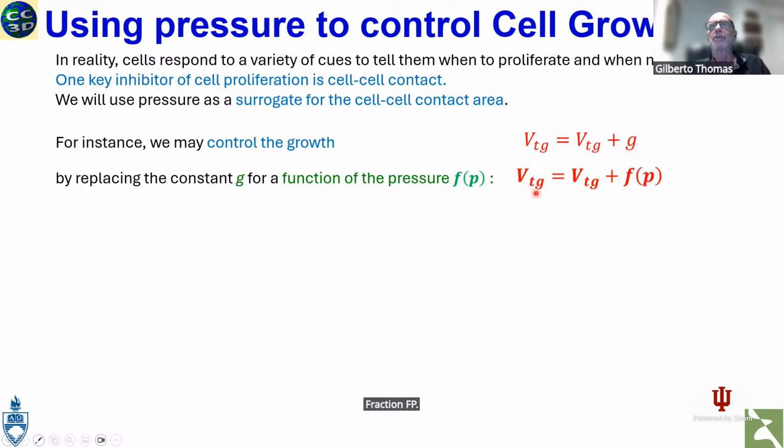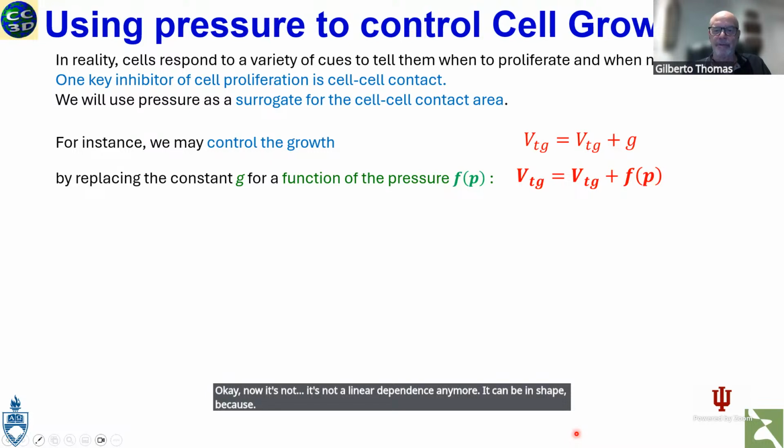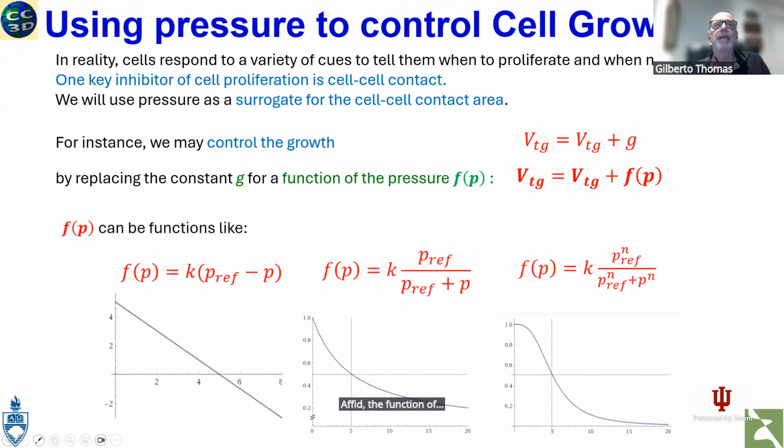Say, we are going to increase the target volume by the value of this function of pressure. Now it's not a linear dependence anymore. It can be any shape because F, the function of pressure, can be anything.